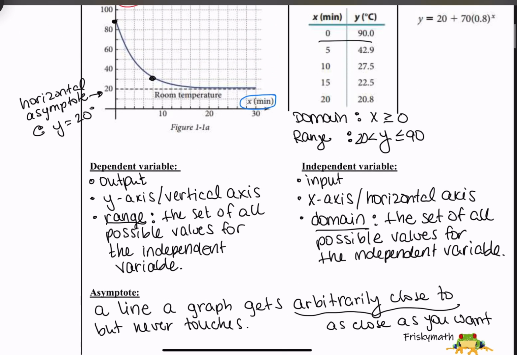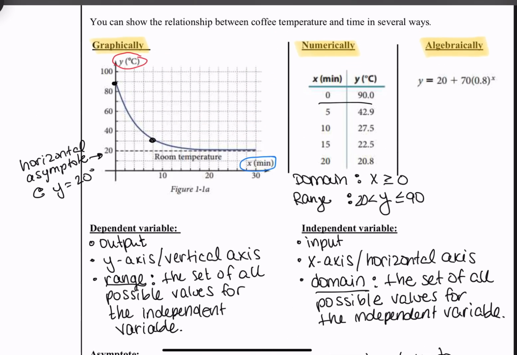So looking back at this graph, I can get as close to this line as I want. As I move further and further to the right, at maybe 30 minutes, it's like 20.0001 degrees Celsius, right? And maybe at 20 minutes, it was 20.1 degrees Celsius.